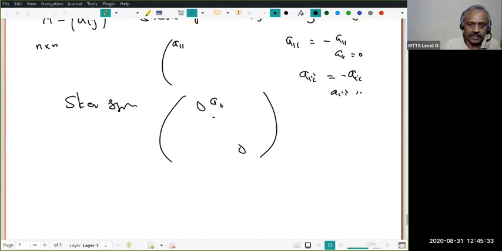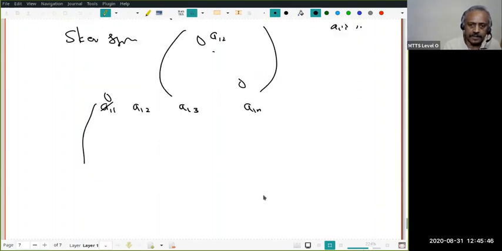And if I have a12 here, then what will be? Let me write it. This is a11, which is 0. And a12, let us say a13 and a1n. And here it will be minus a21, because this must be. And a22 is 0. And this will be a23 and so on. This will be a2n. Now come to a31. a31 must be negative of a13, therefore it's minus a13.